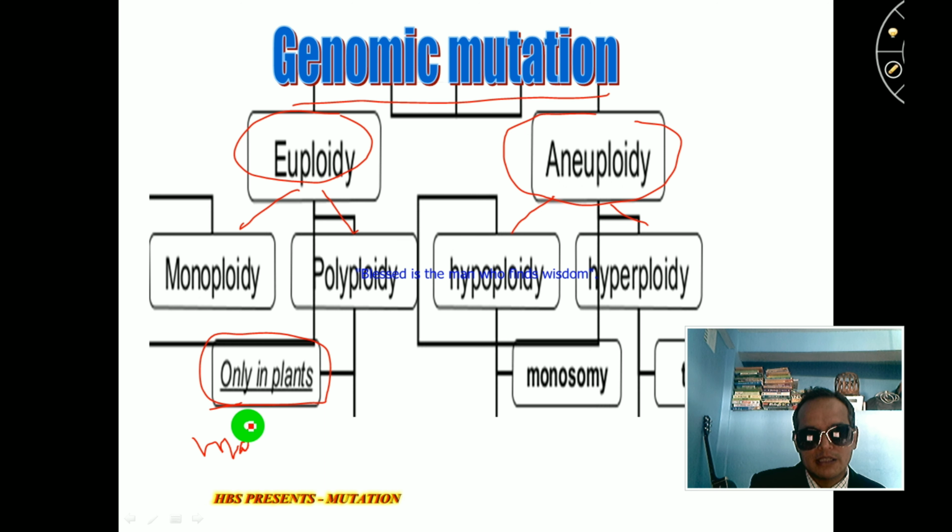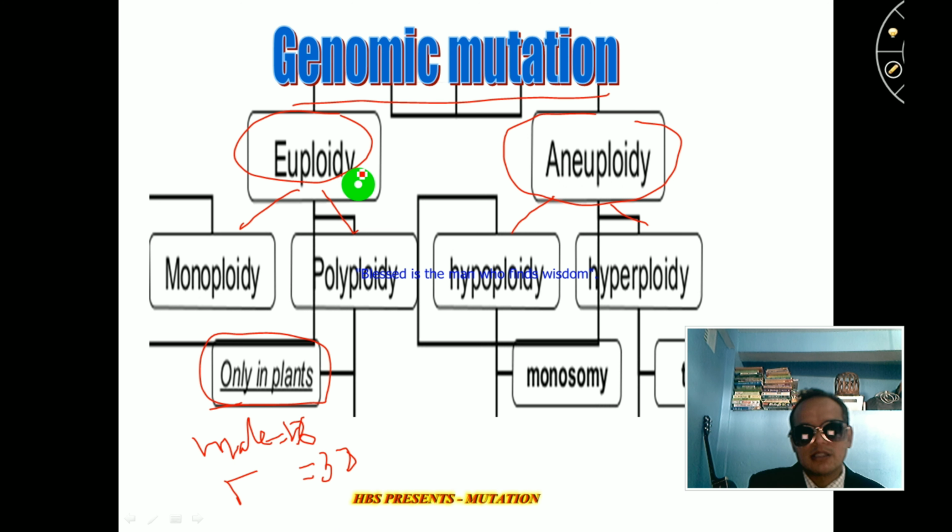The male bees have only 16 chromosomes, whereas the female bees have 32 chromosomes. So euploidy occurs in some animals, but it mostly occurs in plants. We'll discuss that in detail.